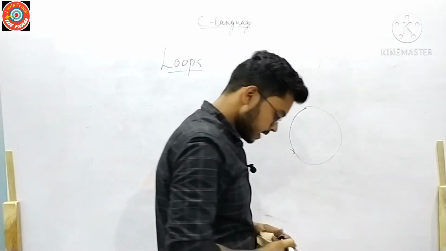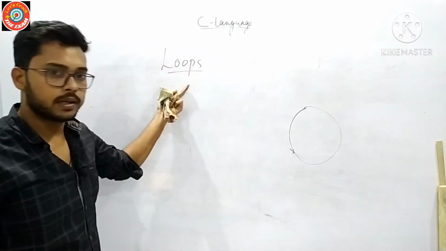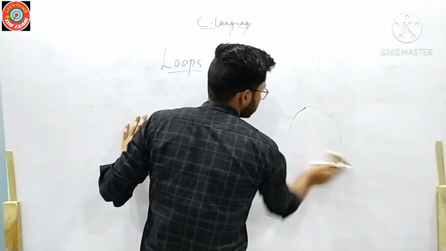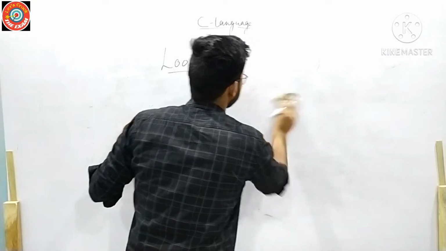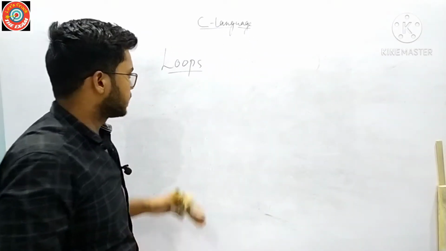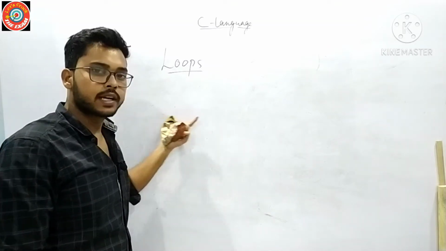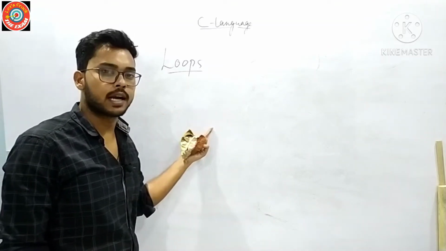In programming we use loops for reducing data redundancy. For example, if we want to print the numbers from 1 to 100, we can't write the printf function 100 times.